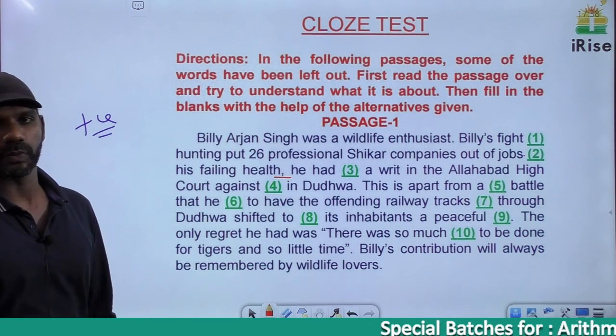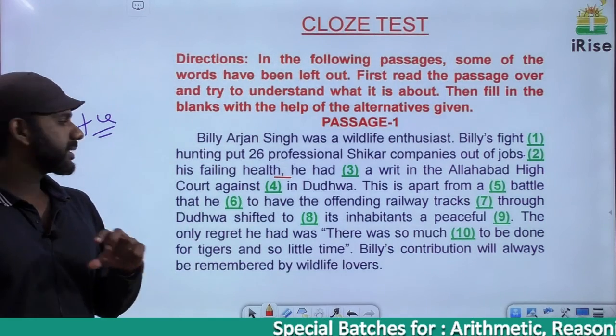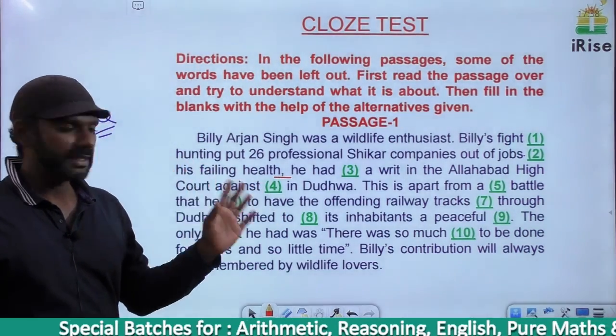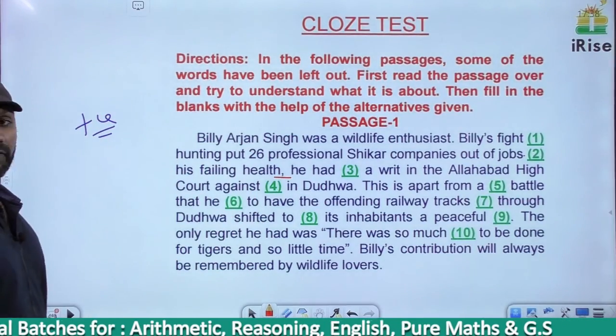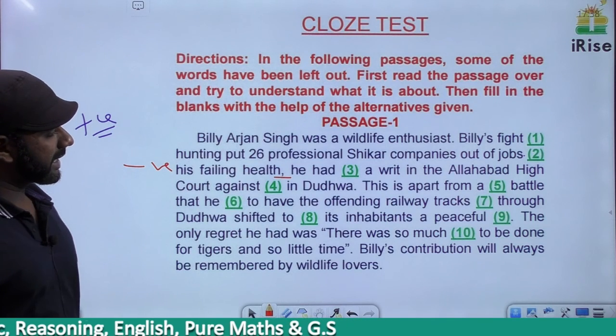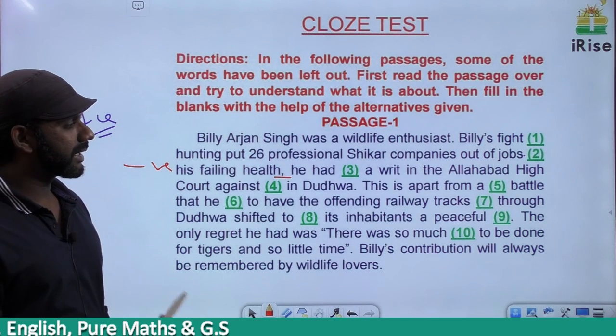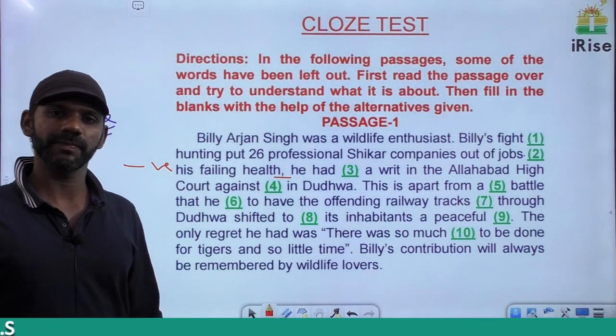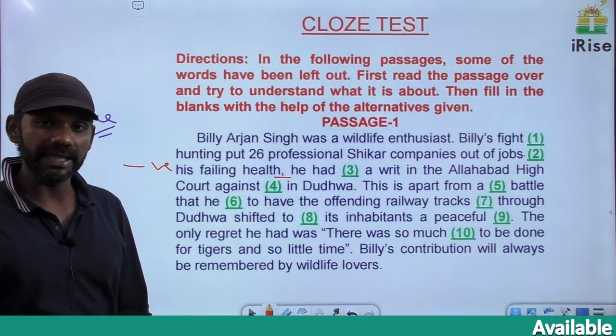Now come to blank 2. As I said, this sentence contains two ideas shown by the punctuation mark, comma. The first idea is his failing health, negative. The second idea is he had filed a writ in the Allahabad High Court against poaching in Dudhwa, negative, positive. Positive because of double negation.